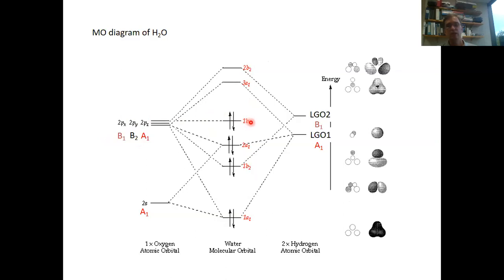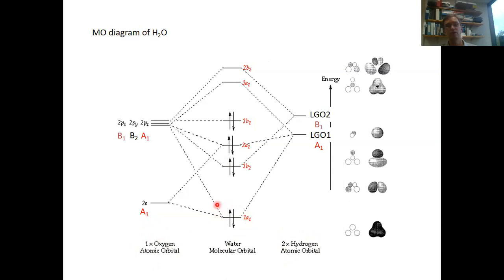Okay, so last but not least, we need to fill in our electrons. So we have to be aware how many electrons we have. Oxygen has 6 valence electrons, and hydrogen has 1 electron each. Overall, 6 plus 2 gives 8. And we can fill the 8 electrons into the molecular orbitals we have constructed according to energy.